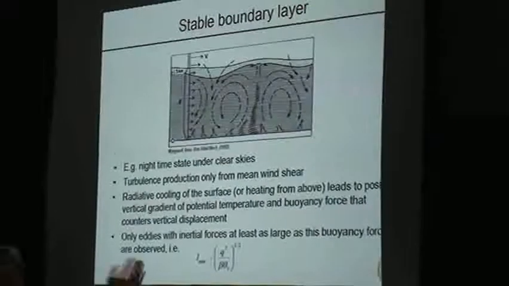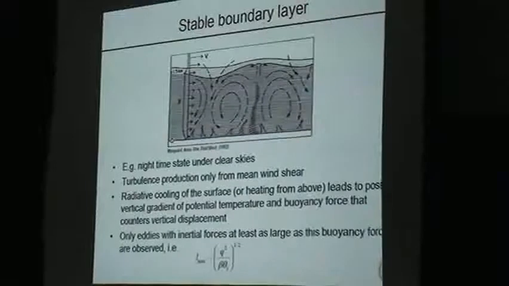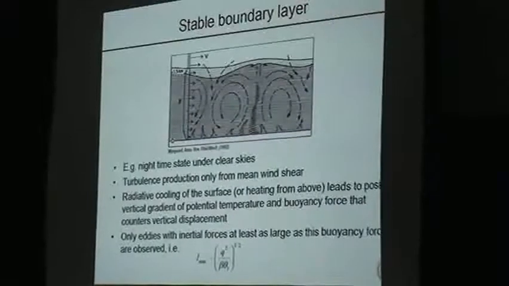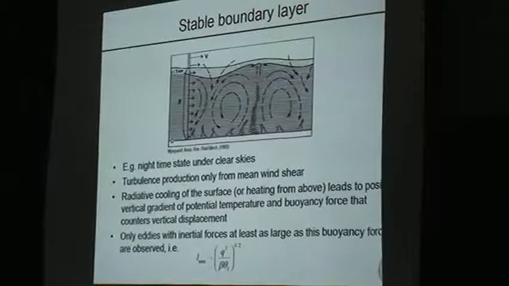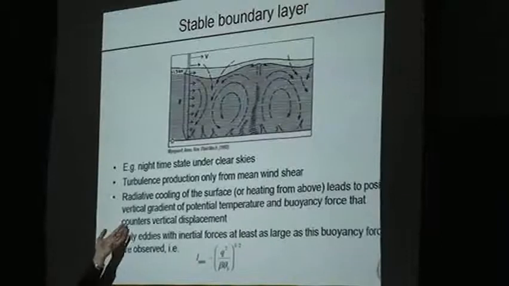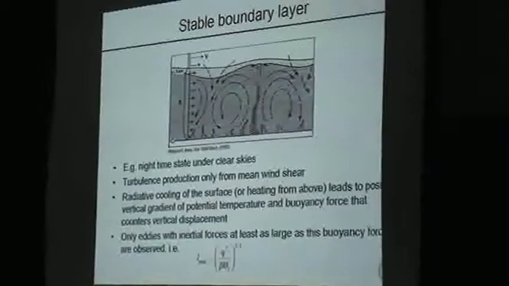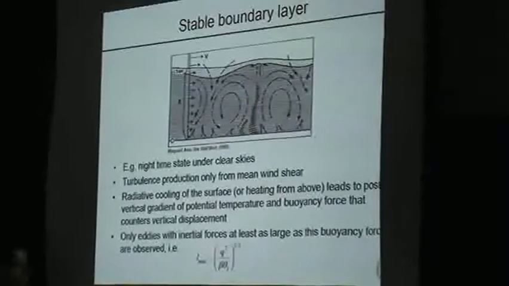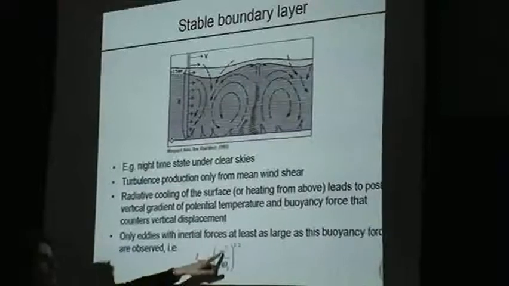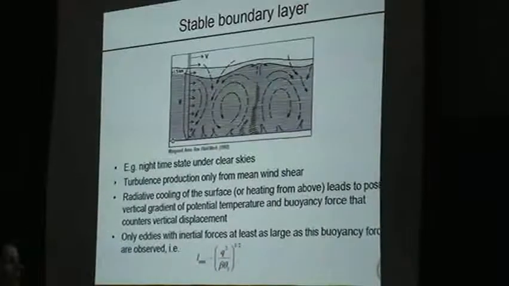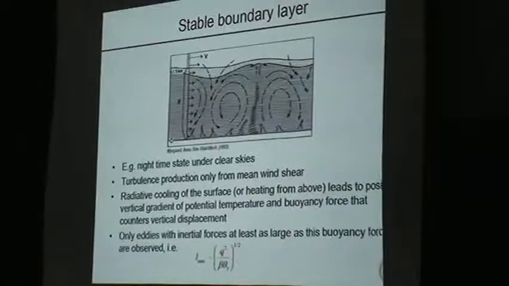So the only turbulent eddies you'll see there will be ones that have an inertial force large enough to overcome this damping of vertical displacement. You can take a look at what that would be if you balance an inertial force, Q squared on L, with a buoyant force.